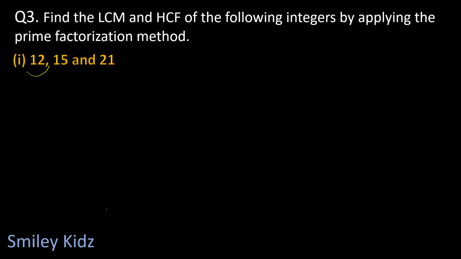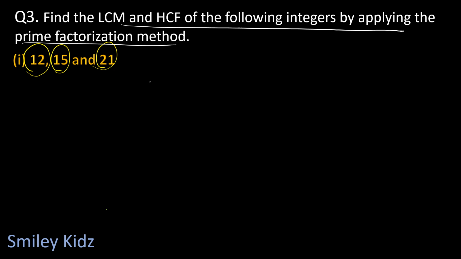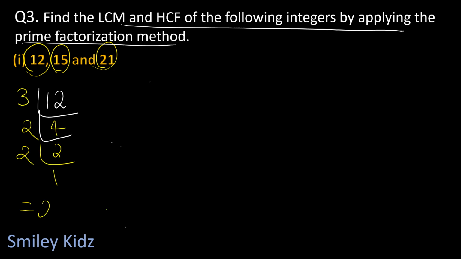Now we have another set of numbers: 12, 15 and 21, right? We're going to find the LCM and HCF by applying the prime factorization method. So for 12: 3 times 4, 2 times 2 and 2 times 1. It is 2 squared into 3 to the power of 1.